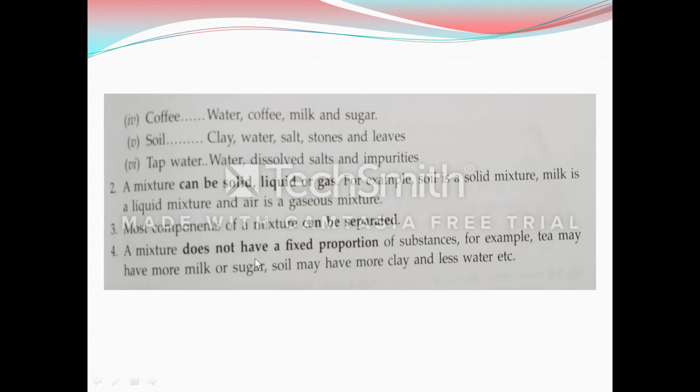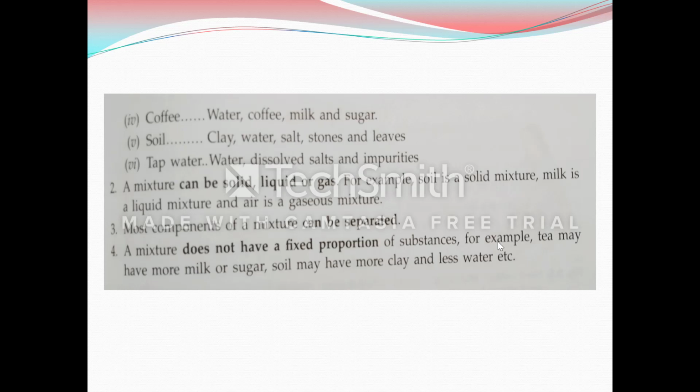Next, a mixture does not have a fixed proportion of substances. What does this mean? If I'm preparing tea, a simple example, somebody likes tea that is very strong, so in that preparation I'll add more tea leaves.